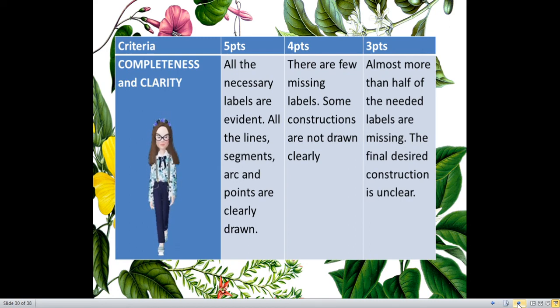For 4 points, there are a few missing labels and some constructions are not drawn clearly. For 3 points, more than half of the needed labels are missing and the final desired construction is unclear. That is the rubric you will be graded on for tasks A to D.